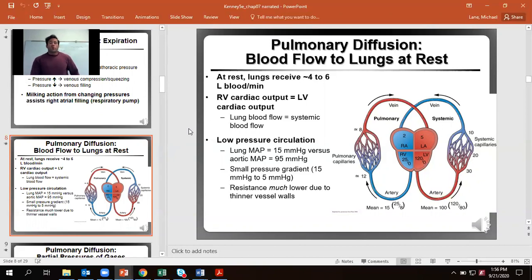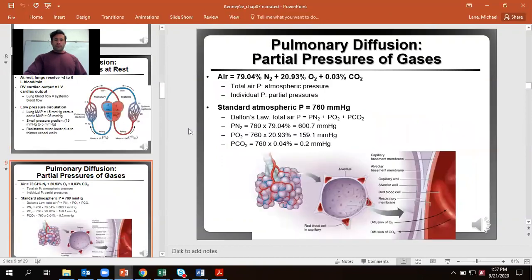So we don't have to have as much muscle mass on our right ventricle as on our left ventricle, and because of that we're not going to have as thick walls, but we are going to have the same chamber size, okay? We're always equally pumping the same volume of blood out of both ventricles. The key is the left ventricle has to overcome that aortic pressure, which is much, much higher.